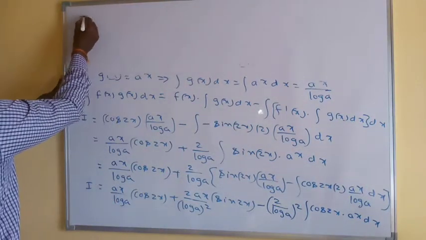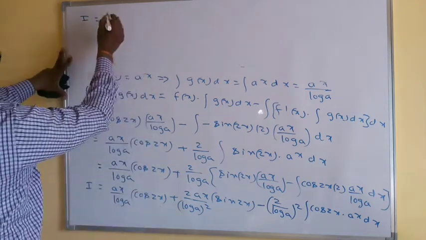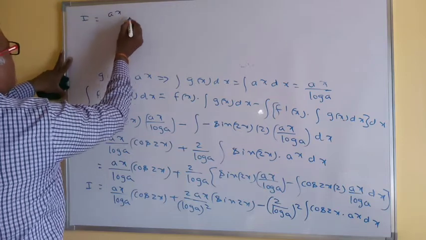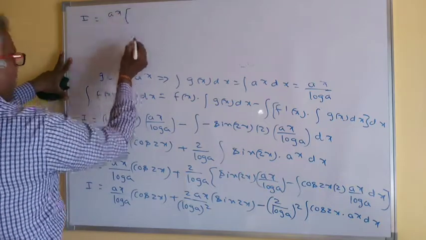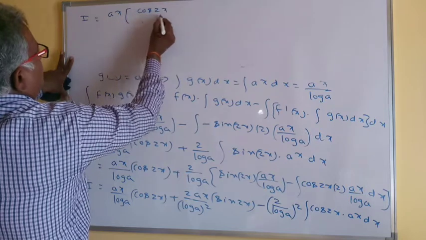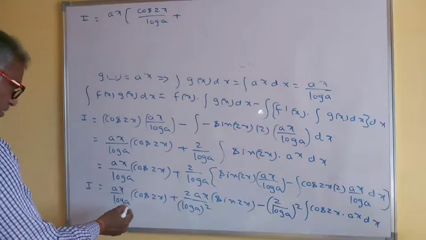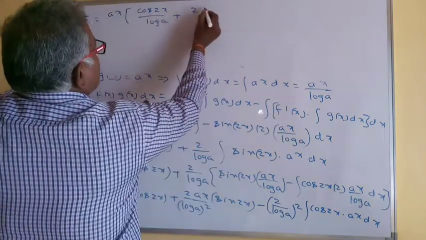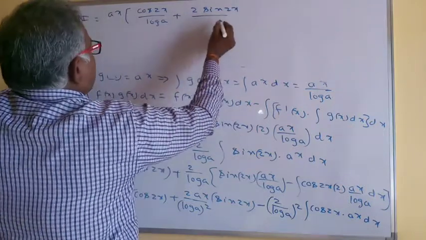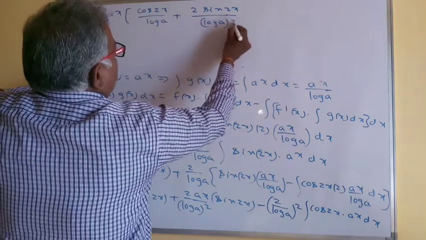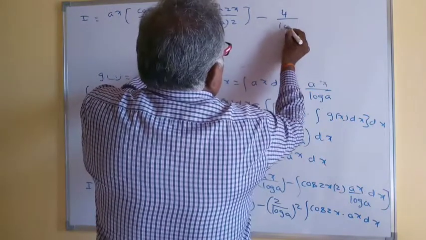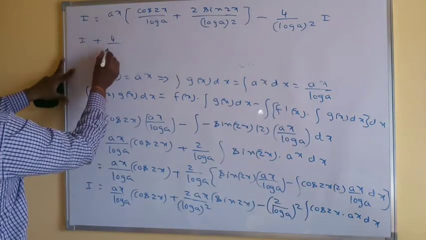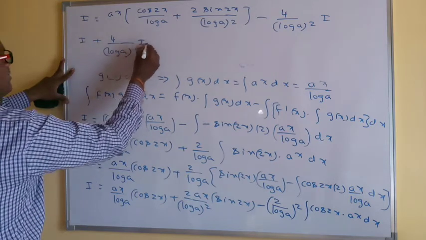Now I is equal to, taking a power x common, a power x into cos 2x divided by log a, plus 2 sin 2x by log a whole square, minus 4 by log a whole square into I. So I plus 4 by log a whole square into I is transposed to the left side.